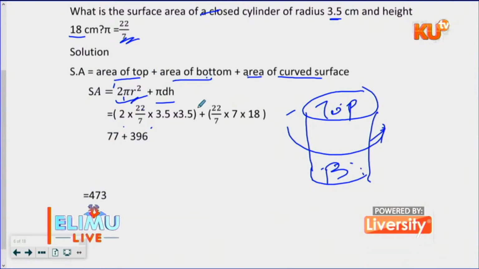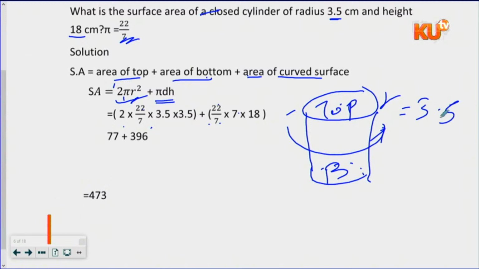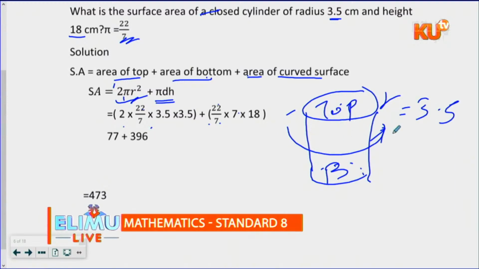Plus area of curved part, which is pi d h. So pi 22 over 7 times 7, because the radius is 3.5, therefore the diameter will be 3.5 times 2, which is 7, times height, which is 18.